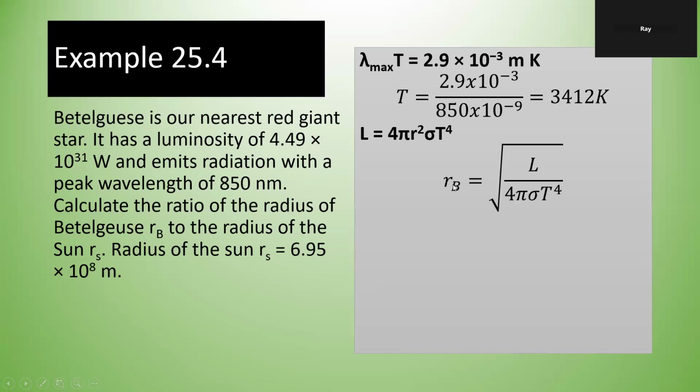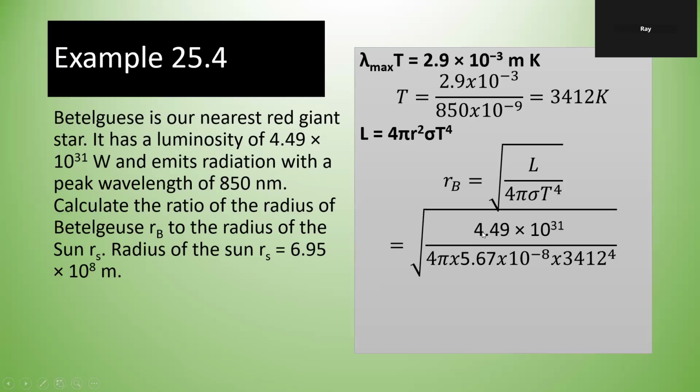Sometimes we use capital R, sometimes small r. It doesn't matter, it's just a variable, but know what it means: the radius of Betelgeuse. Put in your value of L, then 4 pi, sigma, look into the formula sheet, and T is the value.